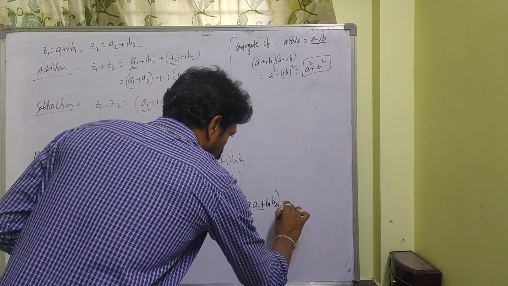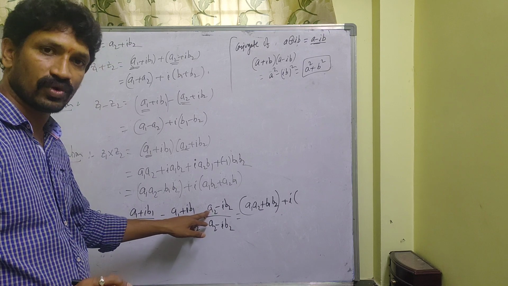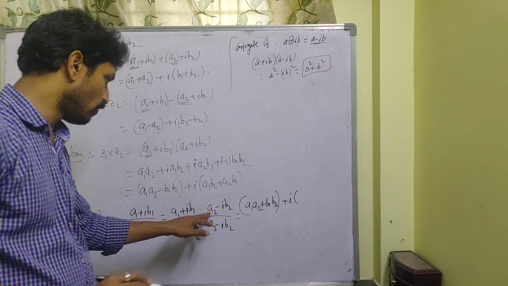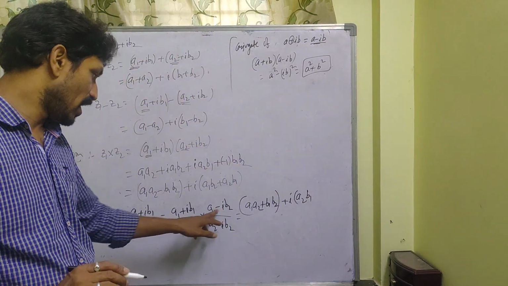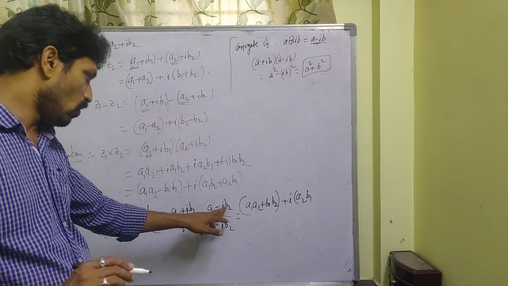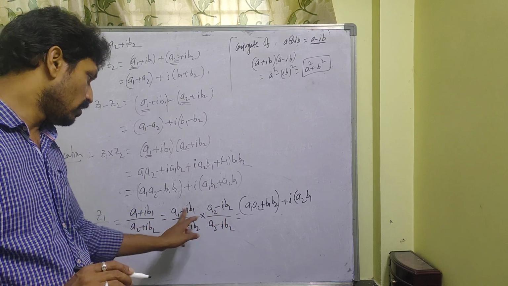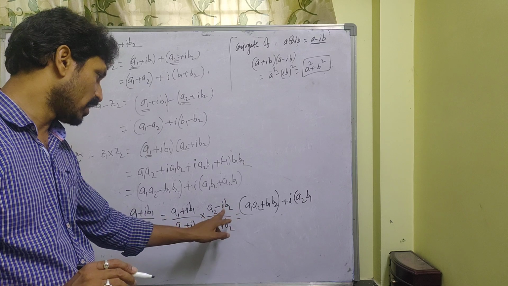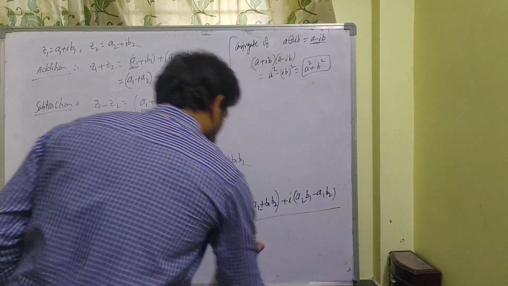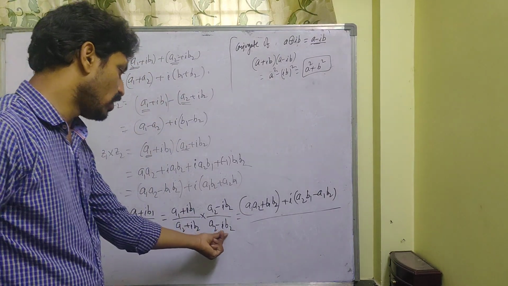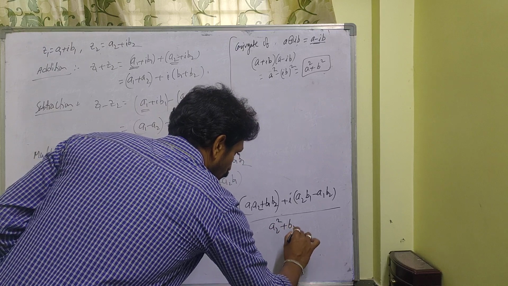Then plus i into: when you multiply ib1 with a2 you get an imaginary part, so a2 b1. Next when you multiply a1 with -ib2, you get minus a1 b2 after taking i common. So minus a1 b2, divided by (a2 + ib2) into (a2 - ib2). According to this formula, what can you write? a2 square plus b2 square.